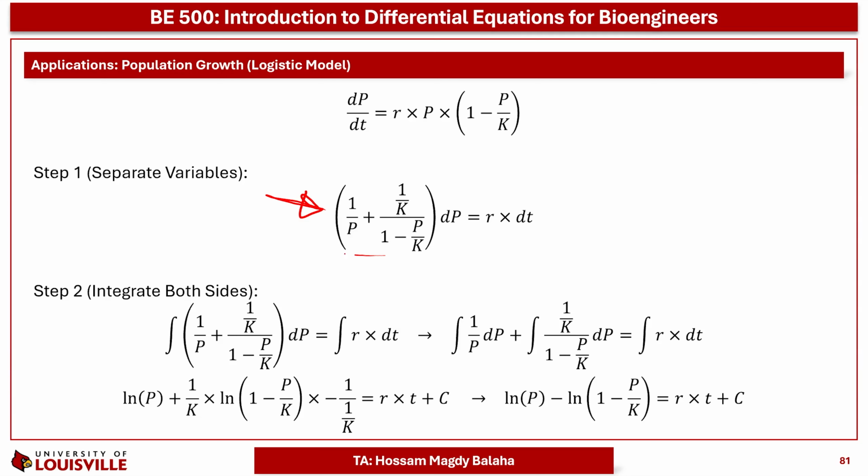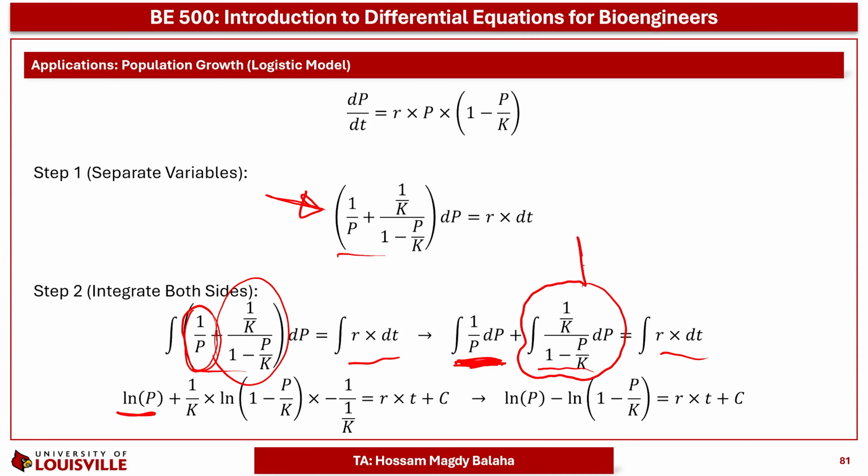So get the left hand side and integrate it. Simply the integration will be split because there is a plus here. So it will be the integration of the first part plus the integration of the second part. And here is the right hand side. The integration of this part will be ln p, and the integration of this part is also simple.